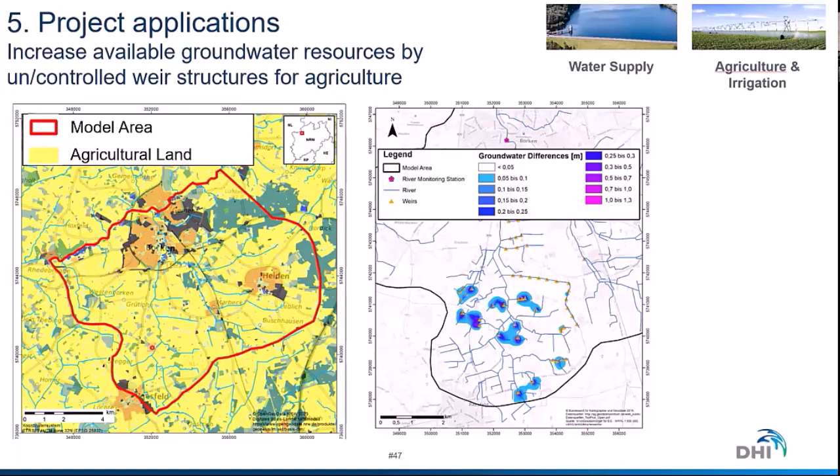So you can see this area is highly dominated by agriculture. And at the end, we were helping together with our client to suggest some new weir locations to hold back water in the groundwater and therefore increase the recharge. So here we were serving the water supply and the agriculture and irrigation sector.